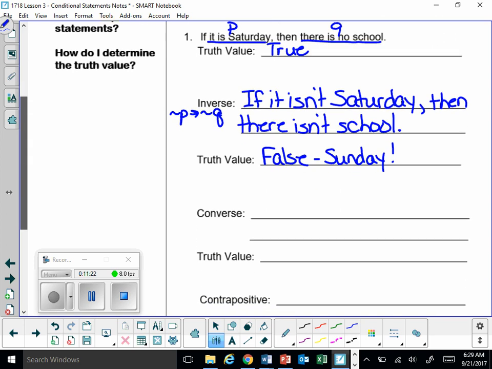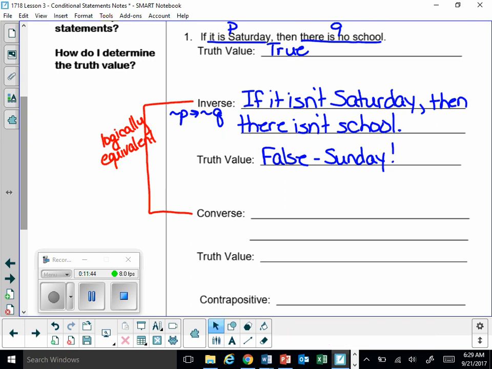Now this tells me, as I'm looking at my converse and the fact that the inverse and the converse are logically equivalent, right? Logically equivalent. This converse had better come out false also. Let's see if that's going to happen. Now the converse is formed by switching.